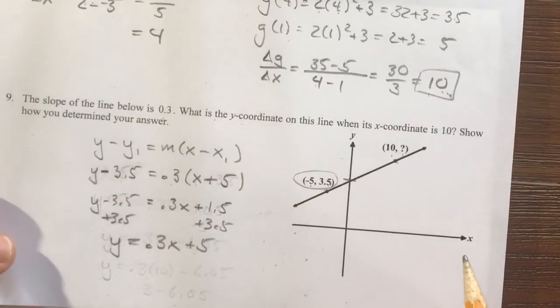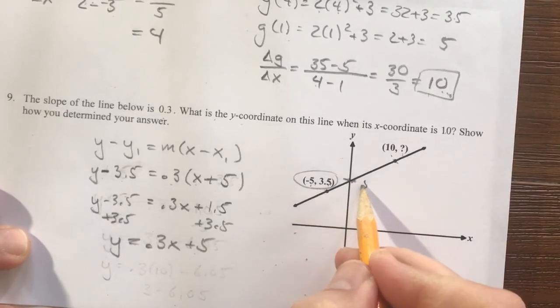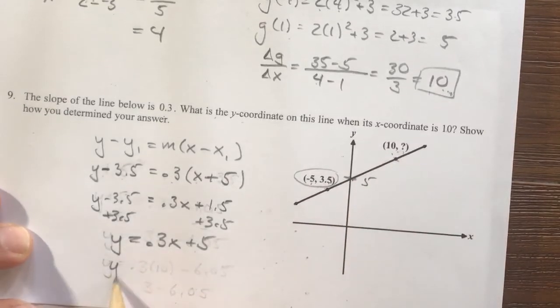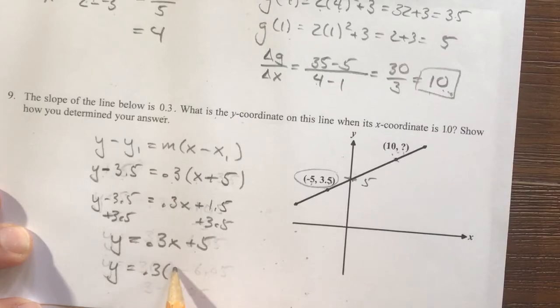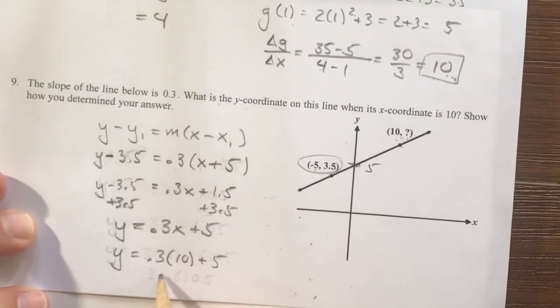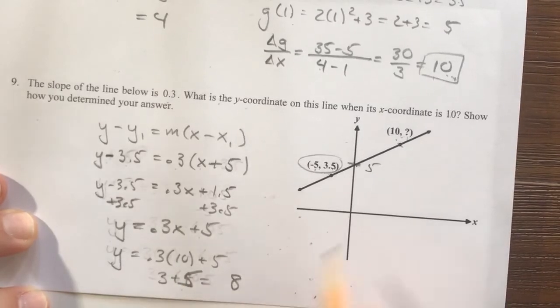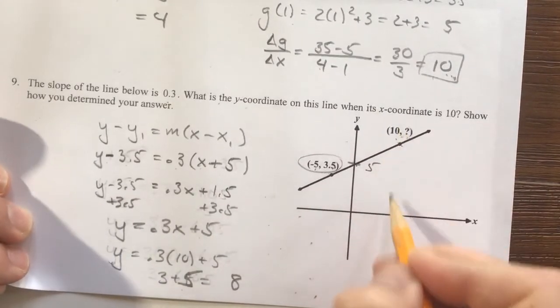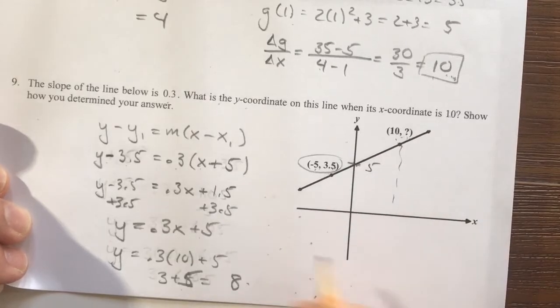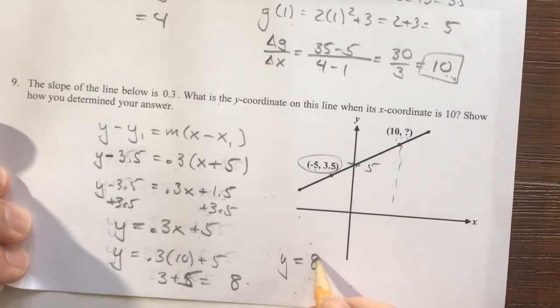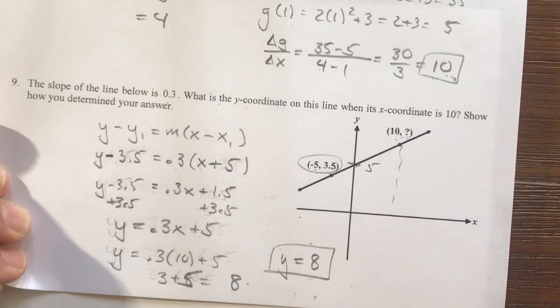I feel much better now. See, so the y-intercept is 5. Now I'm looking for this value. 0.3 times 10 plus 5. That's 3 plus 5, which gives me 8. So, I knew this was positive. I was definitely going up. So it couldn't have been that answer I got before. So y equals 8.